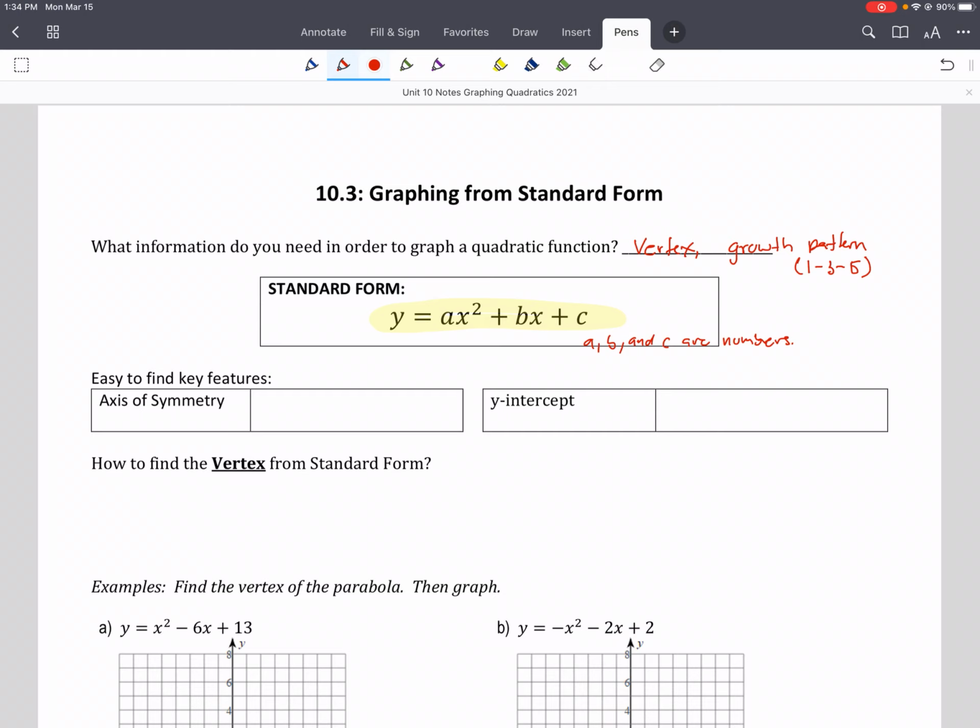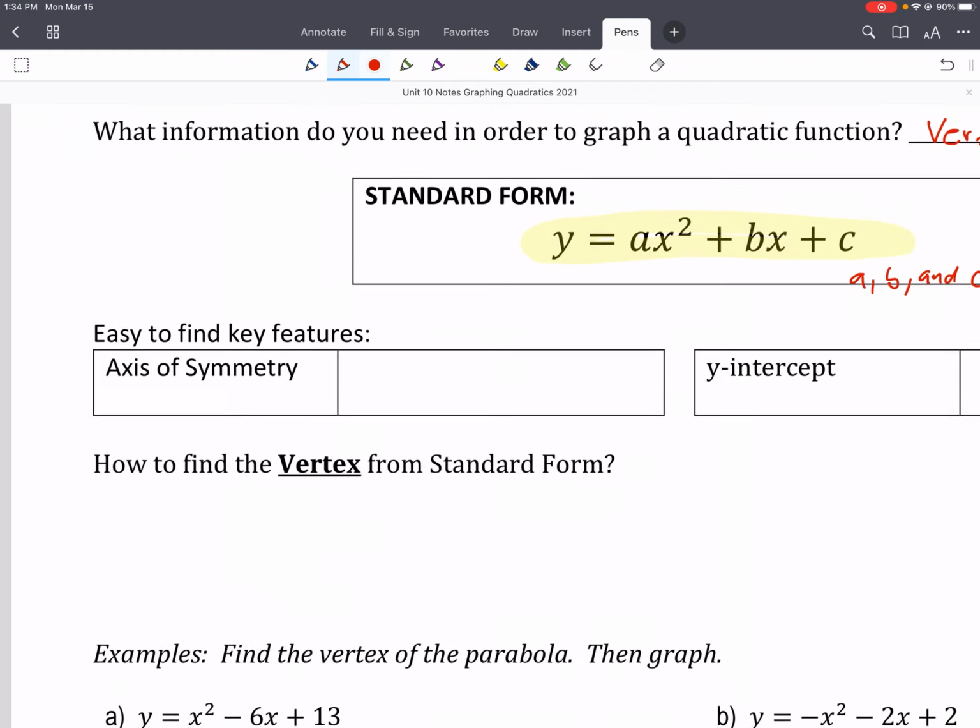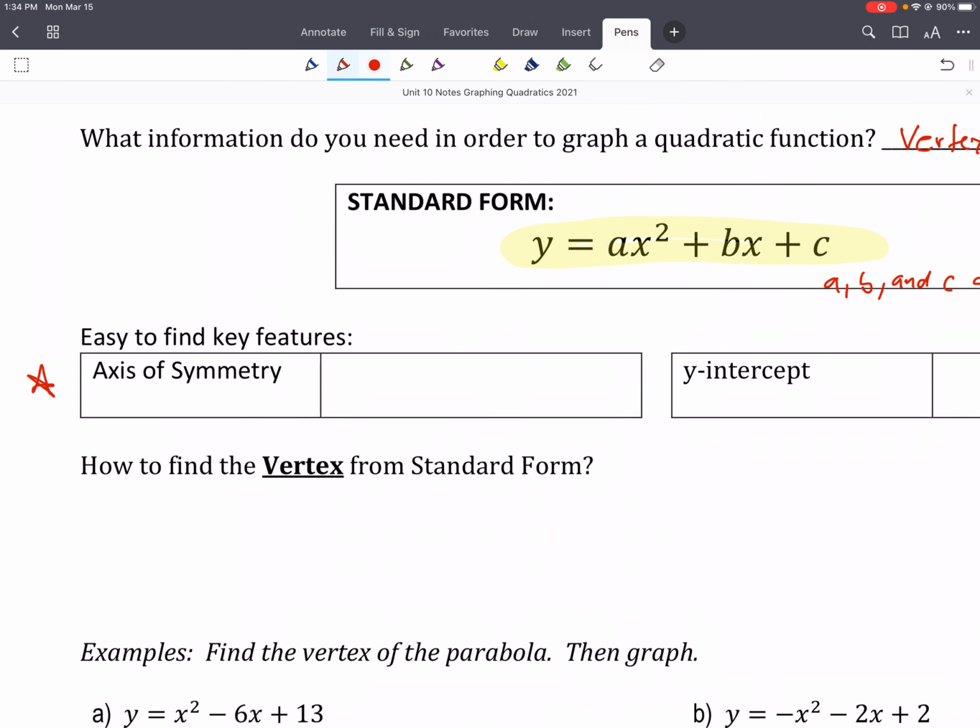Some key features that we can find without much work. One is called the axis of symmetry. We know where to find it on a graph, but being able to find it from an equation is a little different. So this is just something you're going to need to memorize.